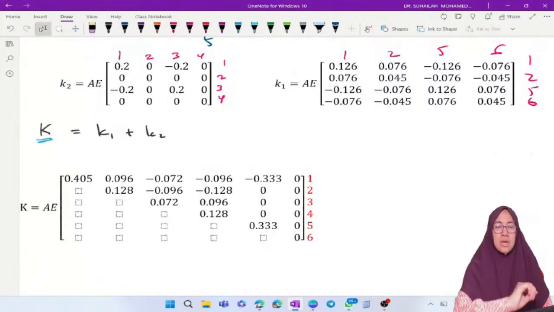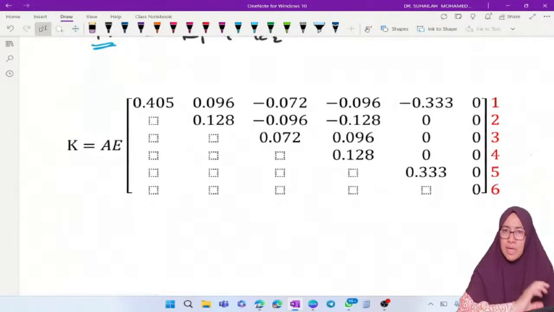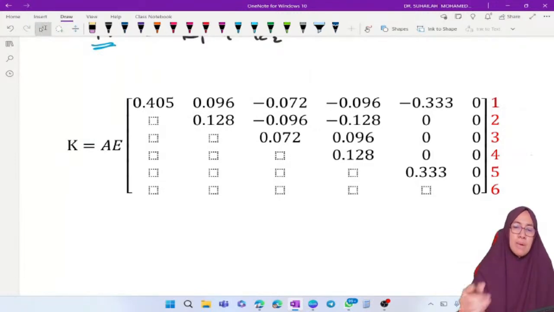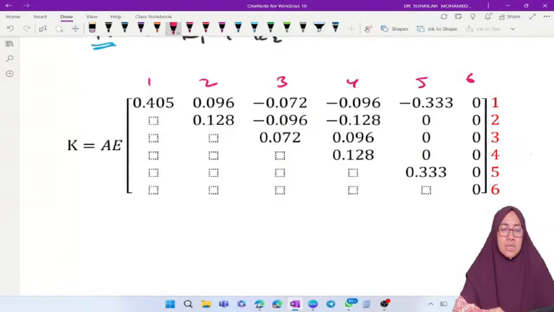Okay. K capital or the structure stiffness matrix, we must write in order, means from 1 to 6. 1, 2, 3, 4, 5, 6. We must write the values in order.